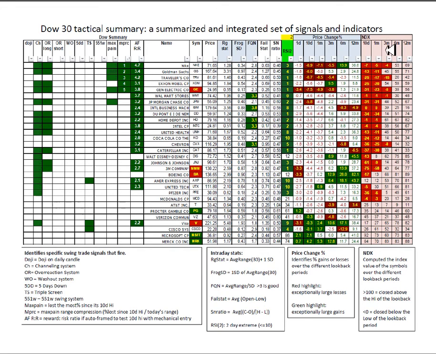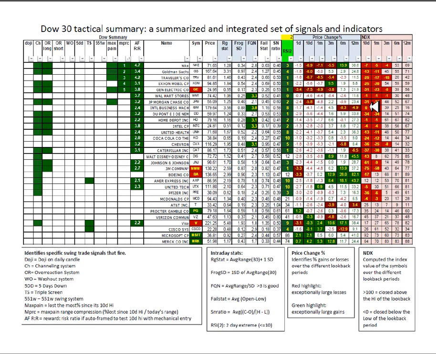And then the furthest to the right is a set of NDXs, or indexes, and this looks at 10-day, 1 month, 3 months, 6 months, and 12 months. Most of these are scored on a scale of 0 to 100, but some of these, you'll notice a lot of them, are color-coded red. Anytime one of these indexes is in the negative or is greater than 100, it's going to be color-coded.